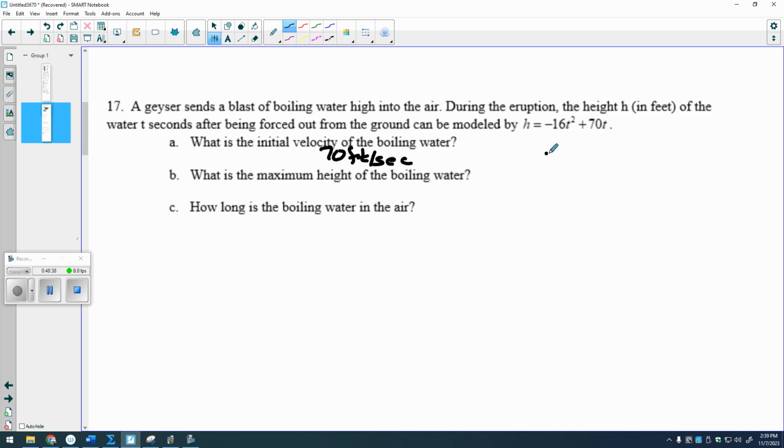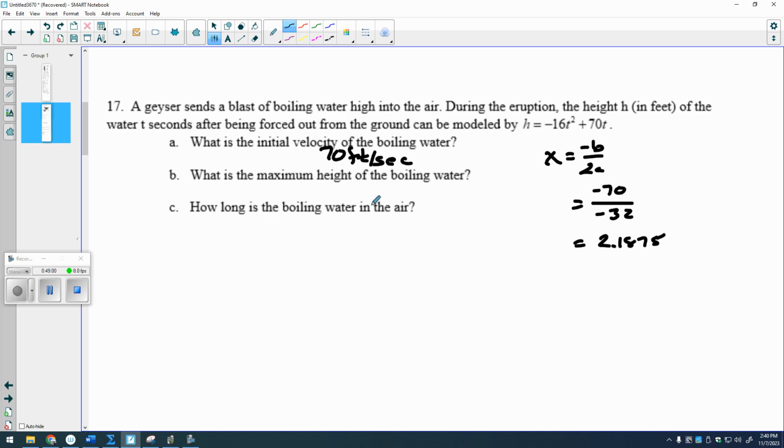Max height. It is in standard form, so x equals negative b over 2a tells me that. So I get negative 70 over negative 32, and x comes out to be 2.1875. That's when.